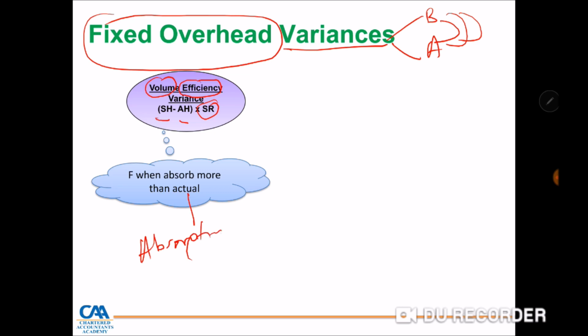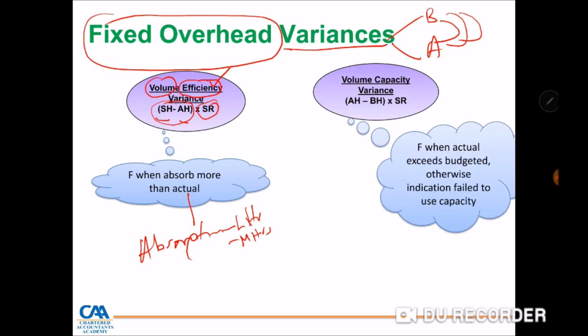And to absorb the fixed overheads, we use, for example, labor hours or machine hours. So how many hours did we budget for? That's standard hours. But how many hours did we actually generate, times the standard rate? Because of the difference between the standard hours and actual hours, I end up either absorbing more or absorbing less, therefore giving me an efficiency variance.